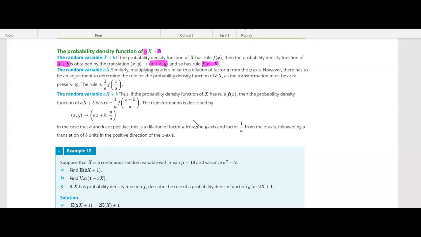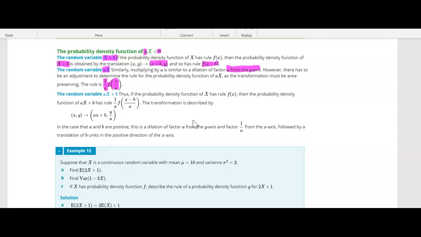All right, so we've just done x plus b, but if we've got the dilation ax, that's just a dilation factor of a from the y-axis. When we're looking at the transformation for a probability density function, it becomes 1 on a times f of x on a, just to allow for the area under the curve.